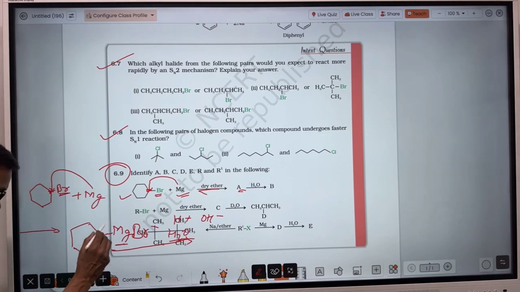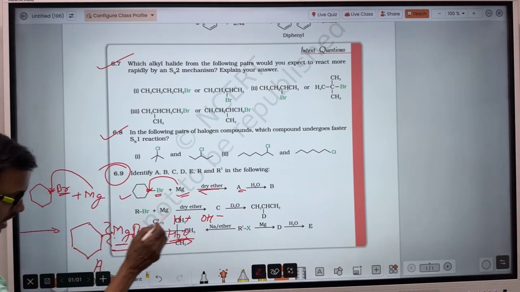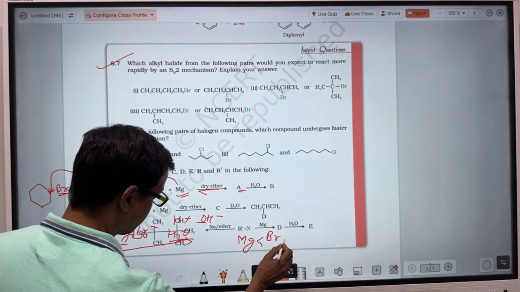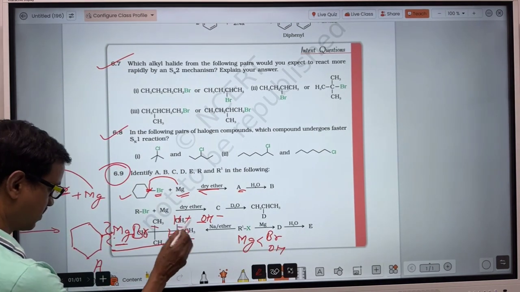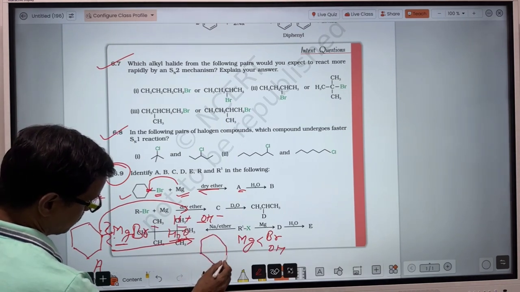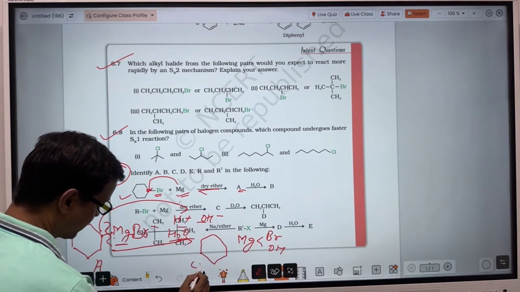The covalent bond between this carbon and magnesium will dissociate, so magnesium will combine with the OH and the compound becomes MgBrOH. The hydrogen will get bonded to this carbon. So B will be cyclohexane.